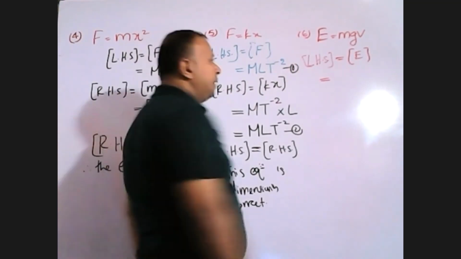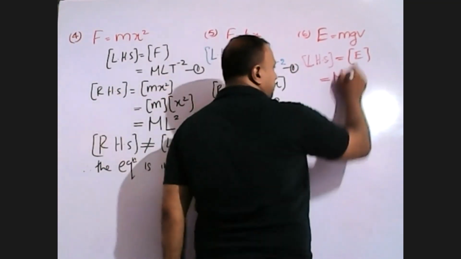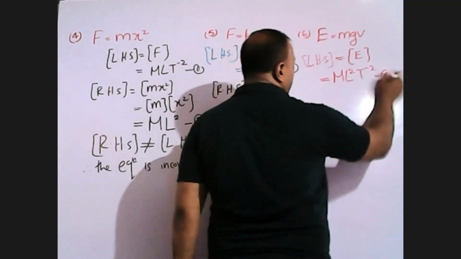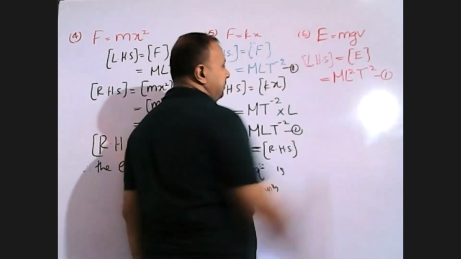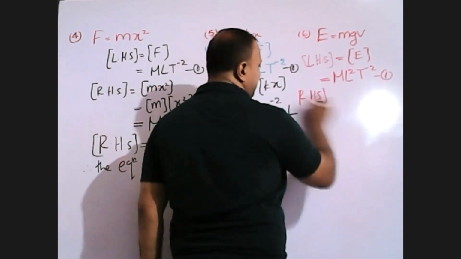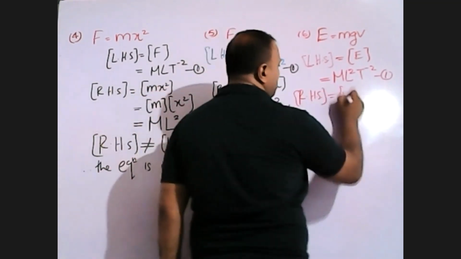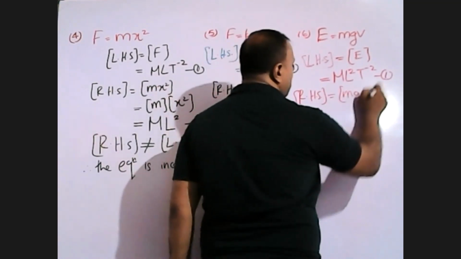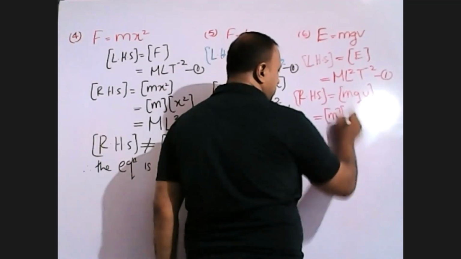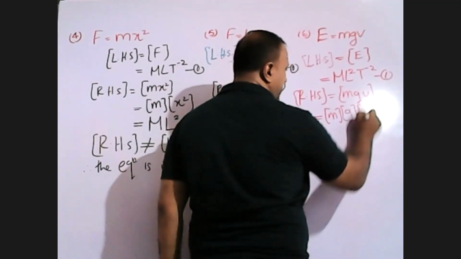Dimension of energy is ML square T minus 2. Then dimension of RHS equals dimension of m, g, v. That means dimension of m into dimension of g into dimension of v.